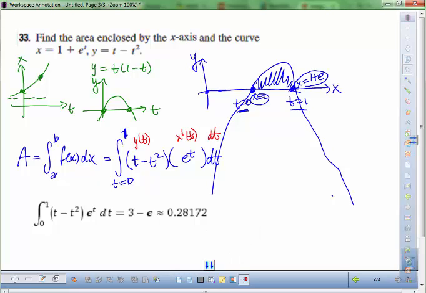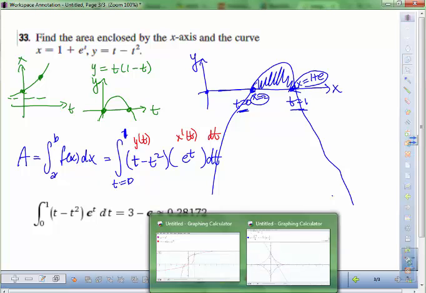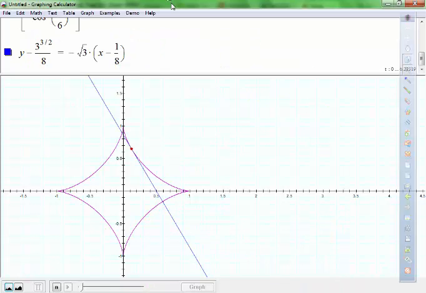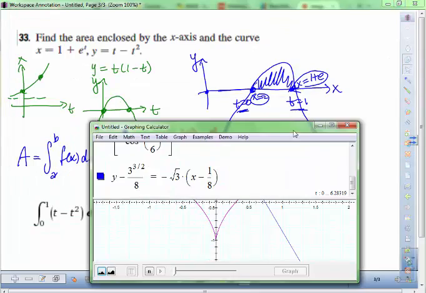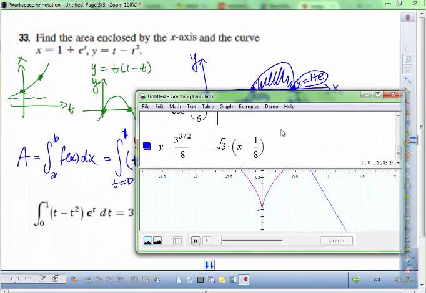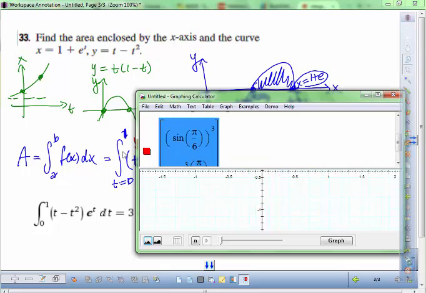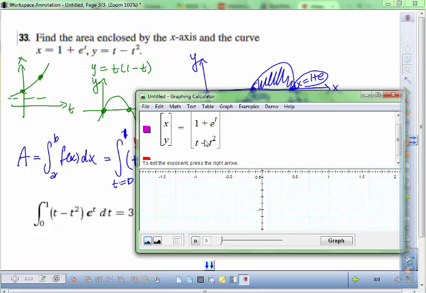All right, let's actually graph this now in our graphing calculator program to see if what we have made sense. And our function was 1 plus e to the t, and t minus t squared.